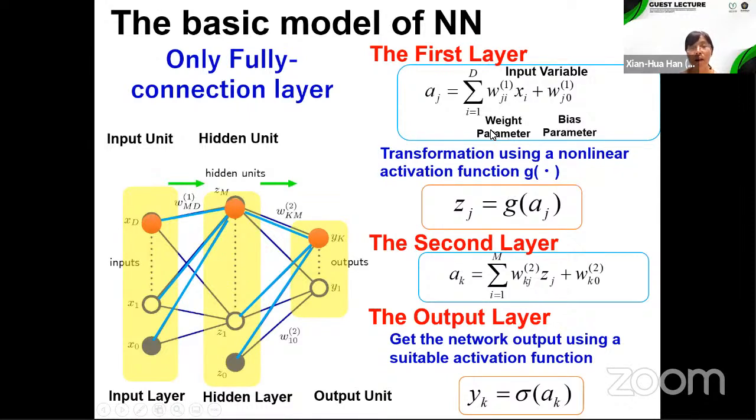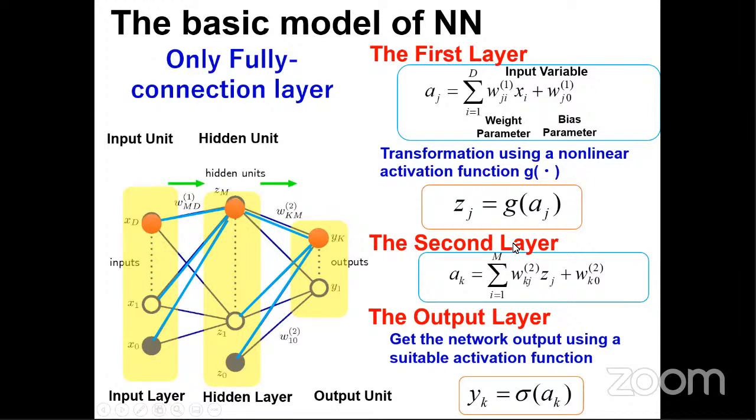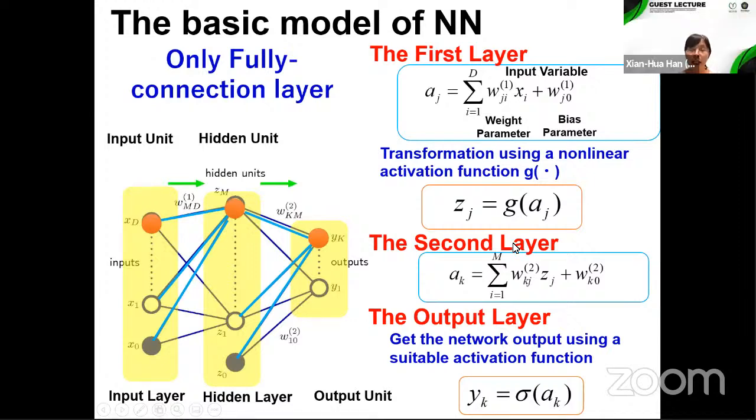W is called the weight parameter, and wj0 is called the base parameter. After we get the weighted summation of the hidden unit, we use a nonlinear activation function to transform the aj into another value.